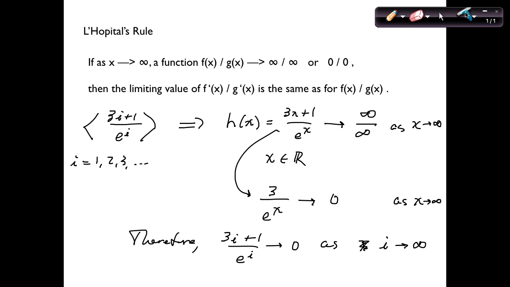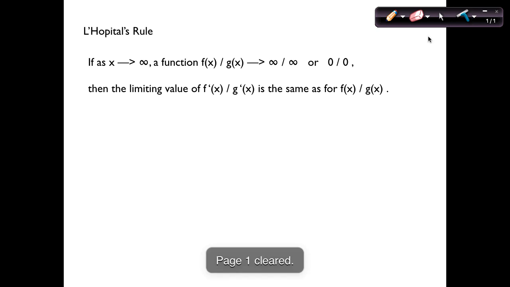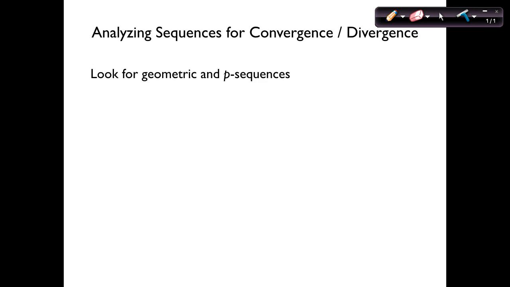Okay, so let's just quickly review. Here is our toolbox so far. The first thing you always want to do is look for your geometric and p sequences. Identify if you have one of those, and then we know when those converge and when those diverge.